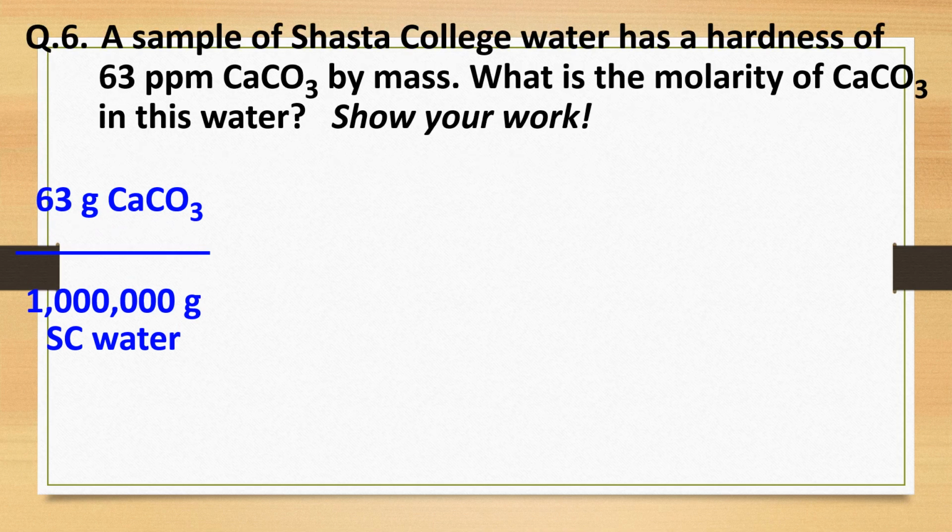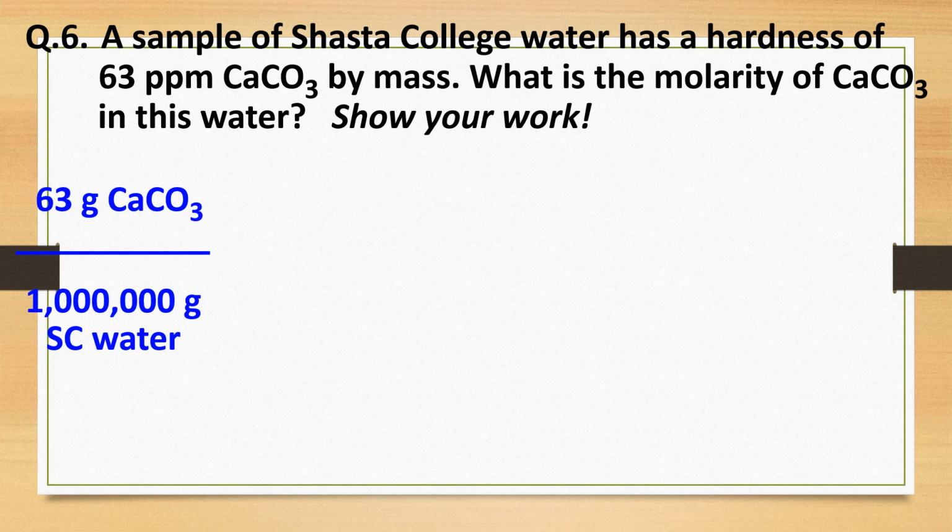After we have determined what we are going to start with, now we need to look at what we're looking for. We're looking for the molarity of calcium carbonate in this water, right? So that means we want the units to be moles per liter, which is molarity. That means we're going to do two sets of calculations using the same division line.